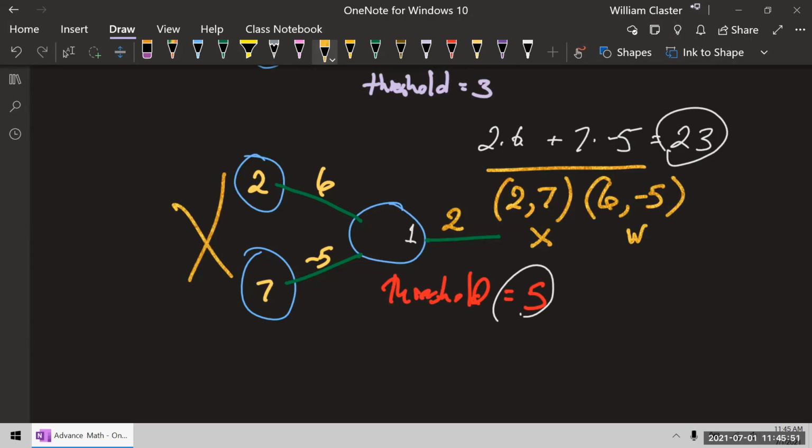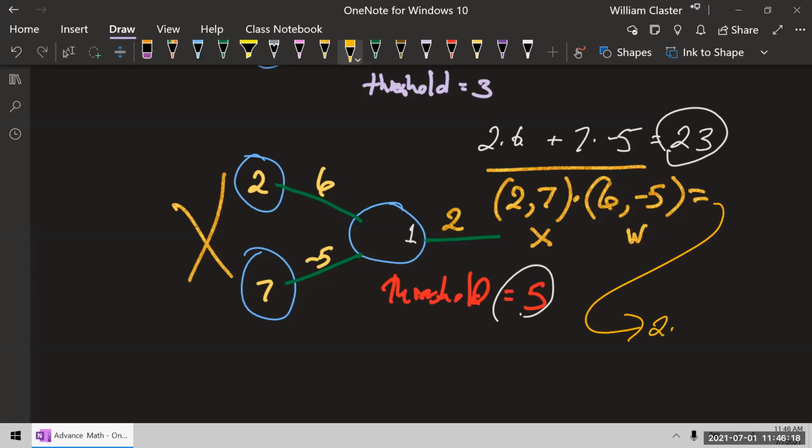Now we talked about doing this. What do I get when I do that? I will take the x1, multiply with the w1, and plus x2.